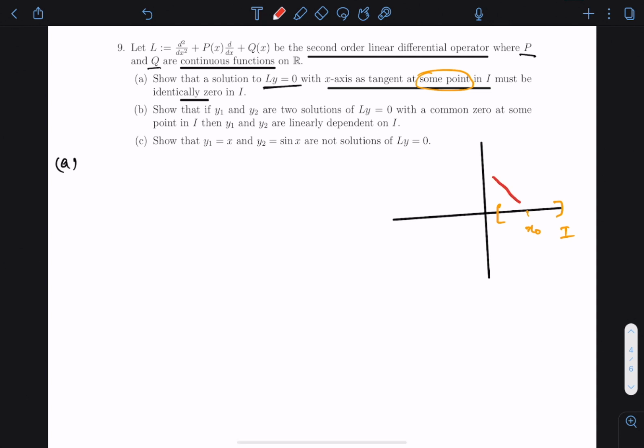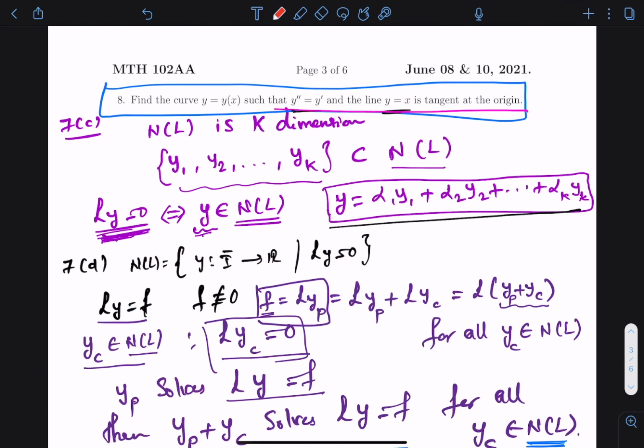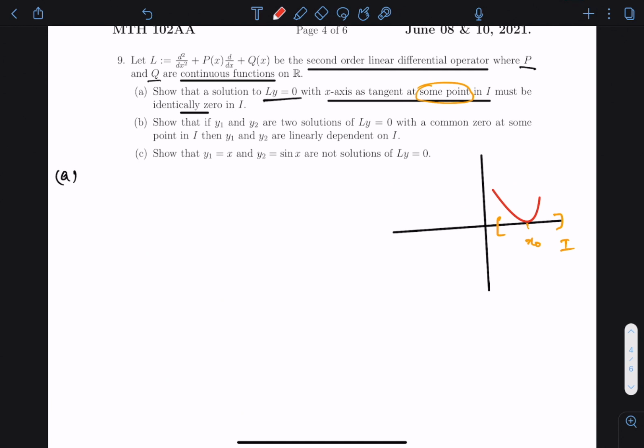So this is your y, the solution y of x. It's a solution to the linear homogeneous problem, and it's such that at x naught the x-axis is tangent to the solution.